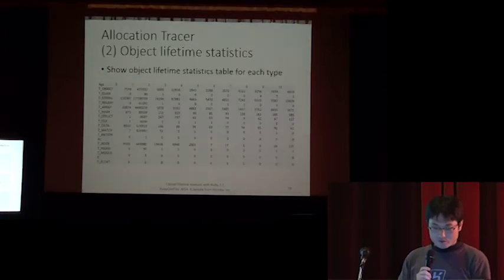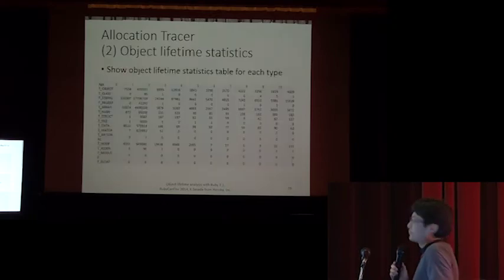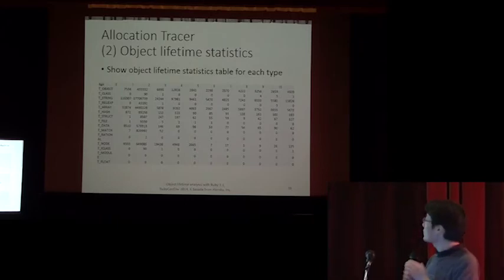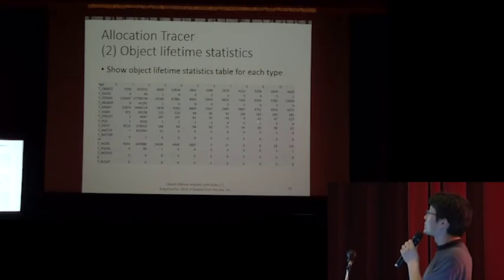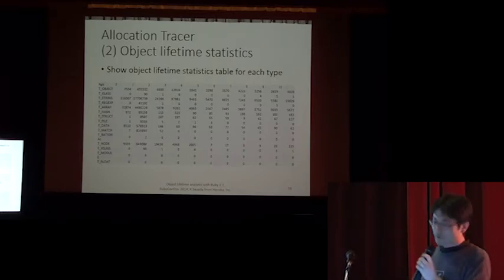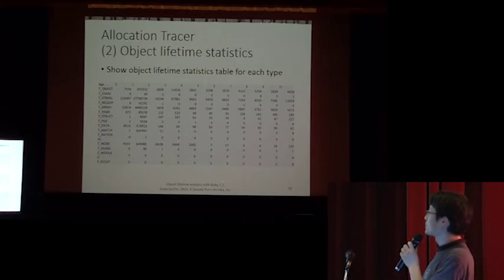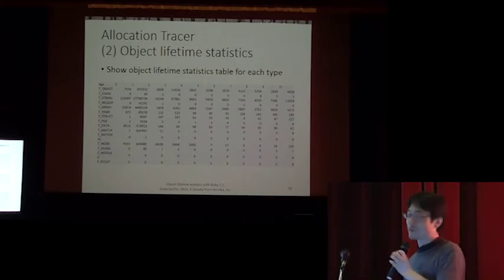Back to the presentation. And also we can see the object lifetime for each type. So this is not by each line, but the total result of the whole application execution.